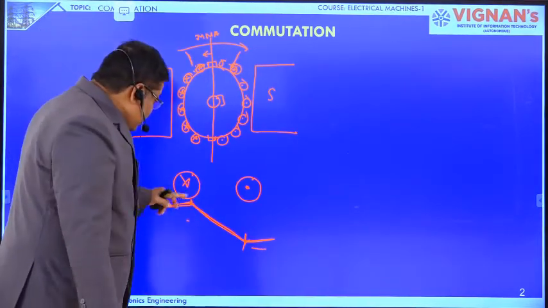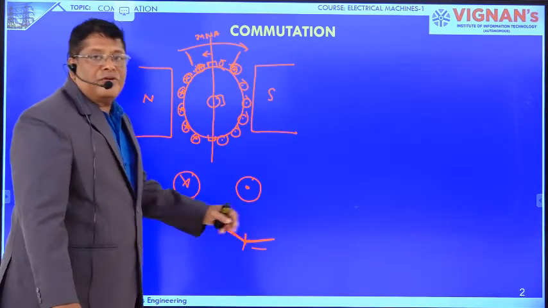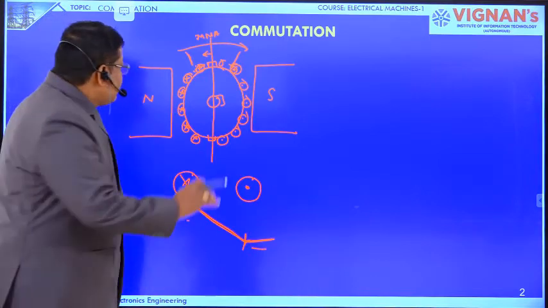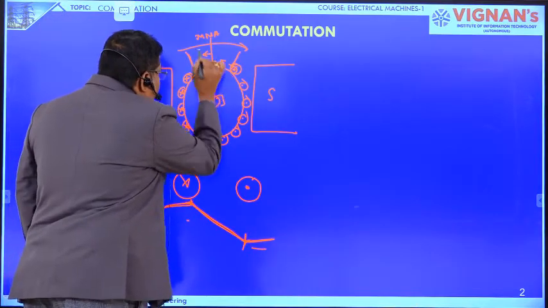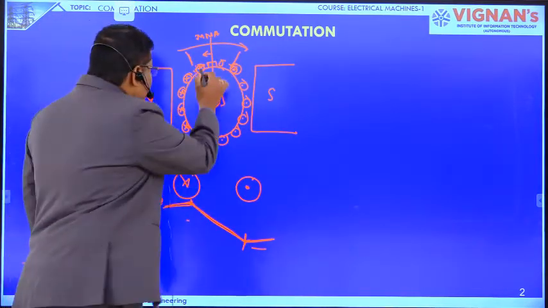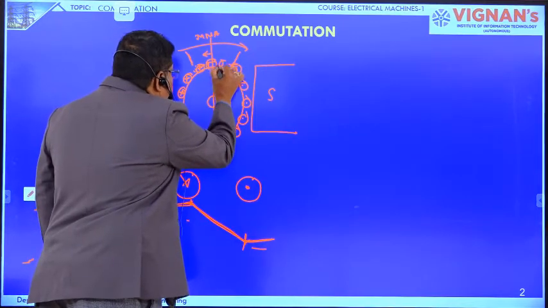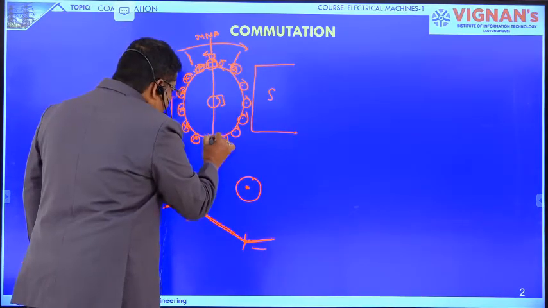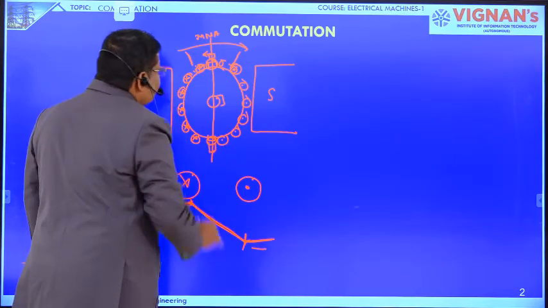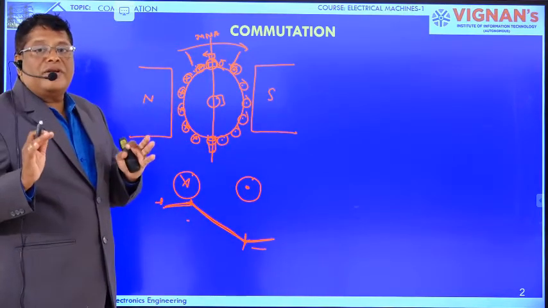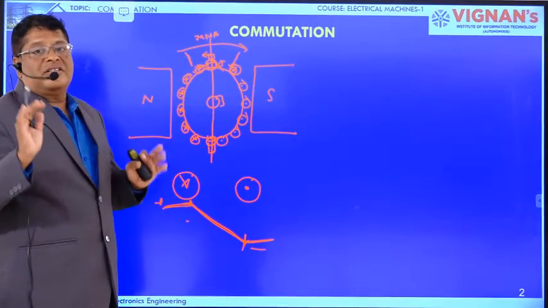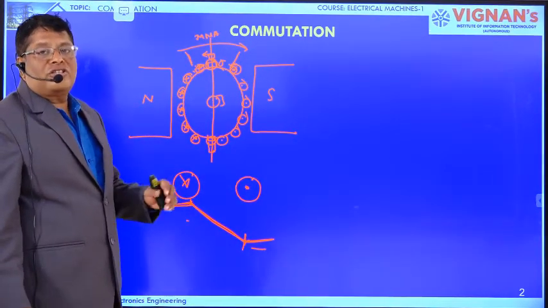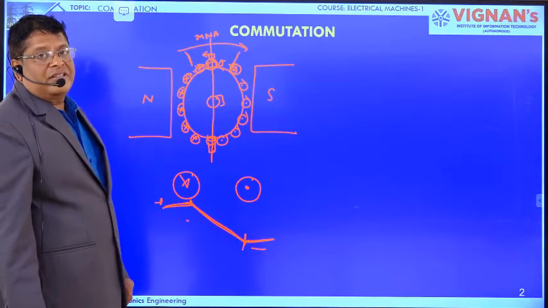See, it is changing from positive to negative, in this interval, at this point. When the conductor comes to this point, these are the brushes. Exactly when the conductor is at this point, that coil will be short circuited by the brushes. This process is nothing but commutation.